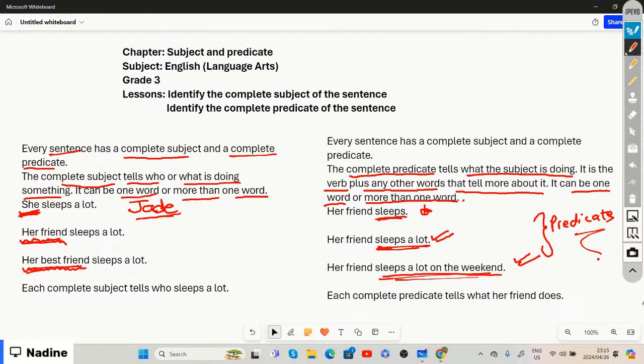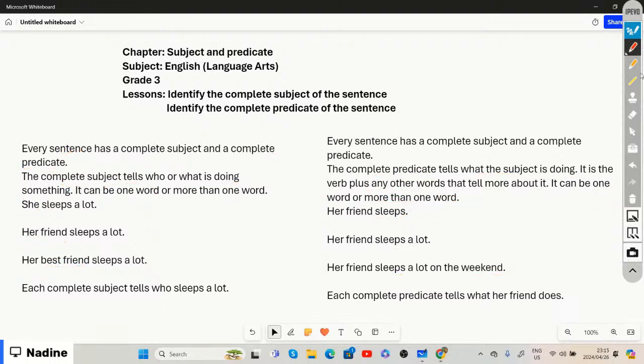All right. Okay, so now we're going to go to aplusstudents.ca, and then we're going to continue with our subject and predicate and also identify the complete subject as well as a predicate.